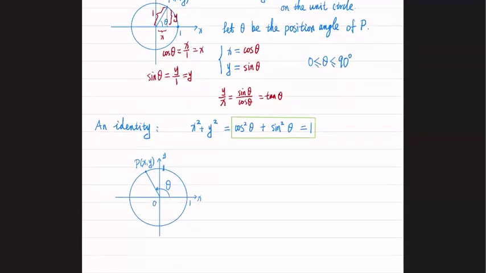What about the points in the second quadrant? What are the ranges for such theta?